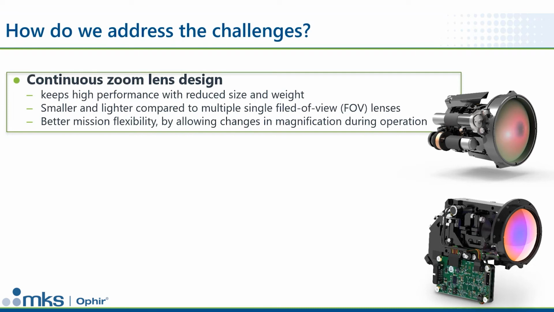Zoom lenses are smaller and lighter compared to multiple single field of view lenses. And also, better mission flexibility can be achieved by allowing changes in magnification during operations. This means that by clicking a button, the field of view can change from the narrow to wide or zoom in and zoom out continuously.